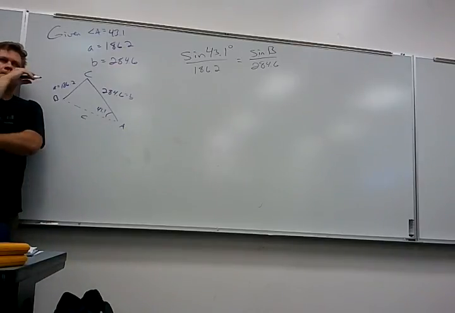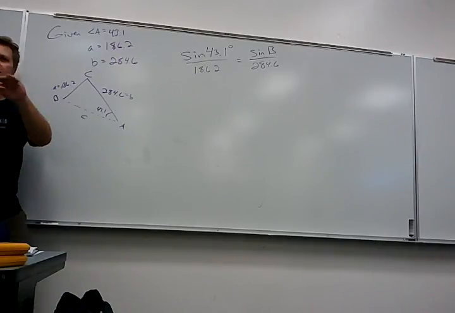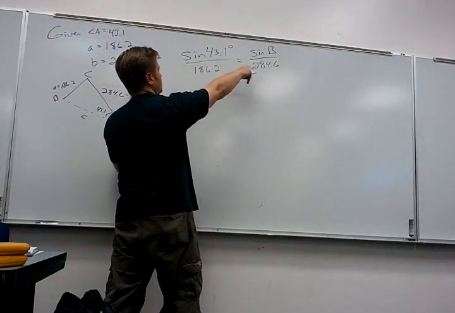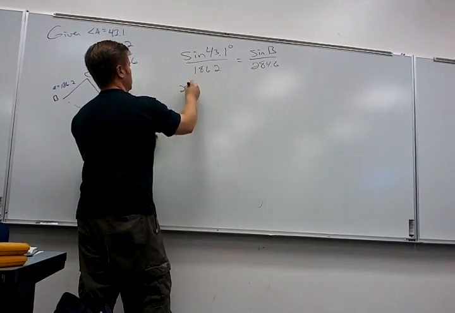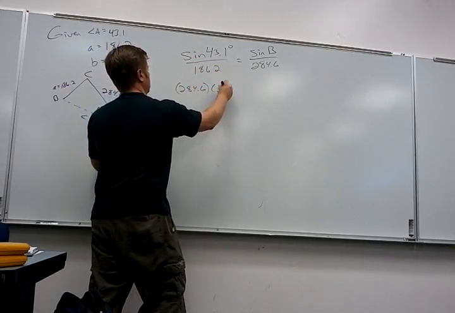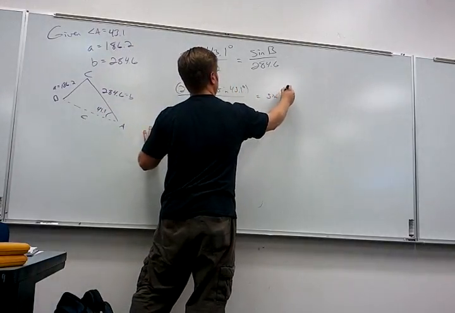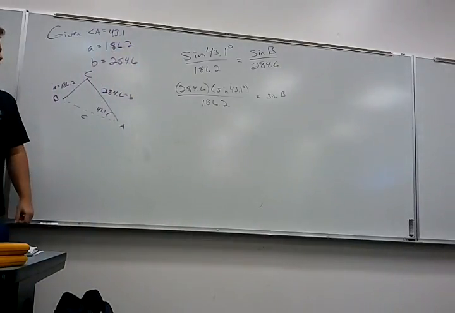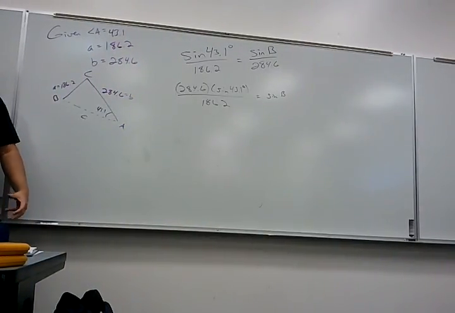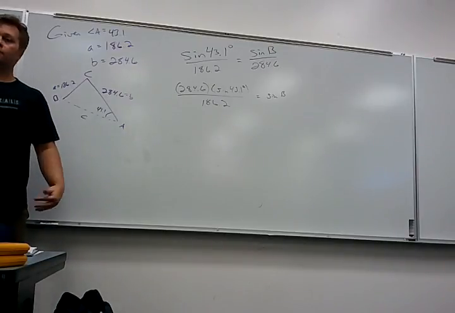Let's see what happens. This is not so bad. You multiply the 284.6 times this divided by this. Okay. What am I going to have to do to solve for my angle? What do I have to do to both sides to kill that sine? Inverse sine.